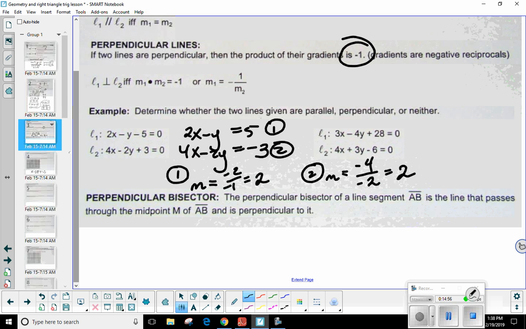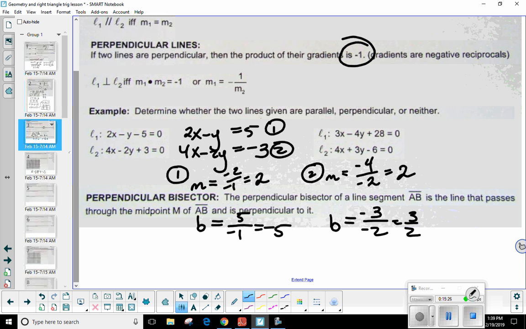You guys remember that? So what would you recommend we find next, the x or the y-intercept? I'd find the y-intercept. Remember, the y-intercept was c divided by b. So this one here would be 5 divided by -1, so this would be -5. This one over here, b would equal -3 divided by -2, so it's 3/2.